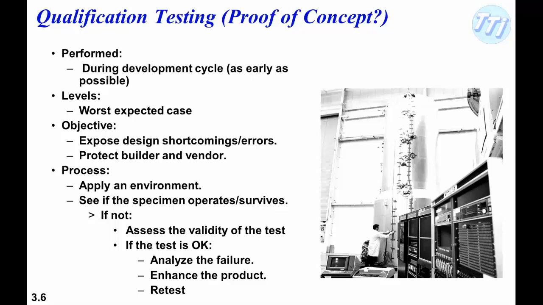So what we're going to do is apply an environment, see if the specimen operates or survives, and if it doesn't, first of all, check to see if the test is valid. Make sure that we're not over-testing the system. If the test is okay, we're going to analyze the failure, enhance the procedure and the product, and then retest.